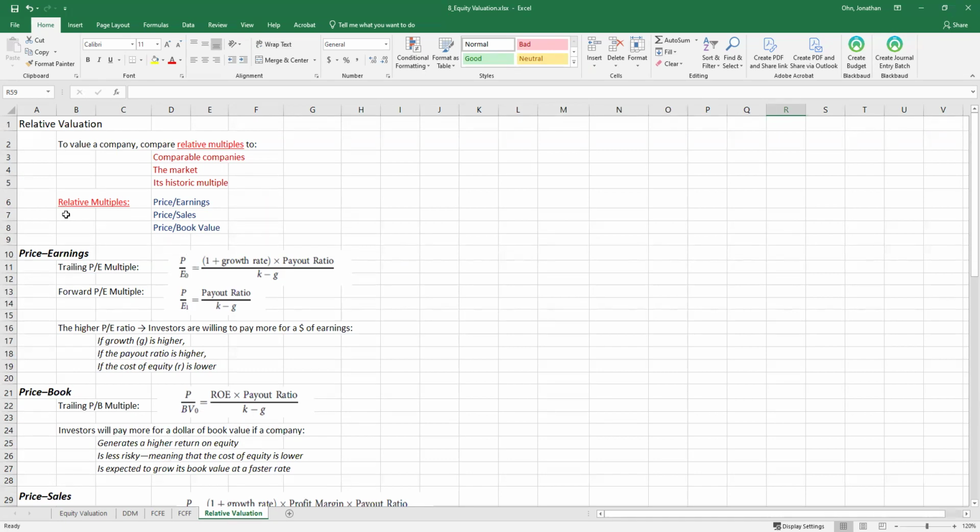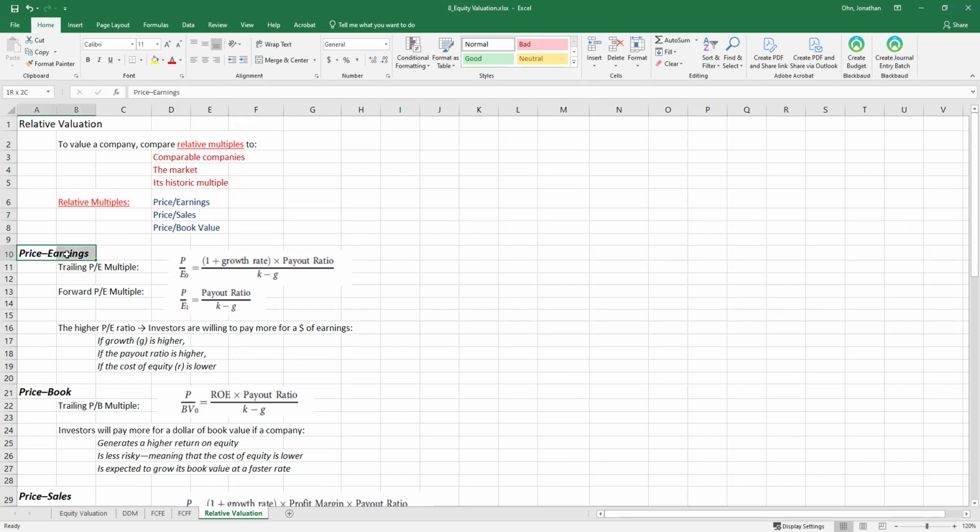Based on those expectations, we calculate the expected fundamental relative ratios here. One is the P/E ratio, the price to sales ratio, and the price to book ratio. We calculate these fundamental values, compare them to the actual value, and then make our conclusion.